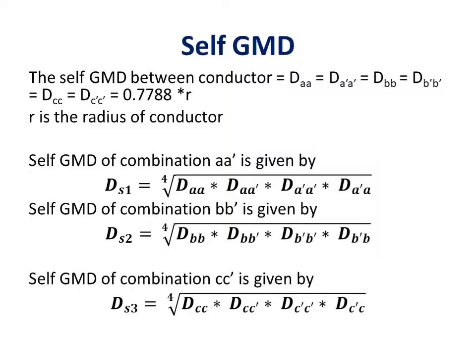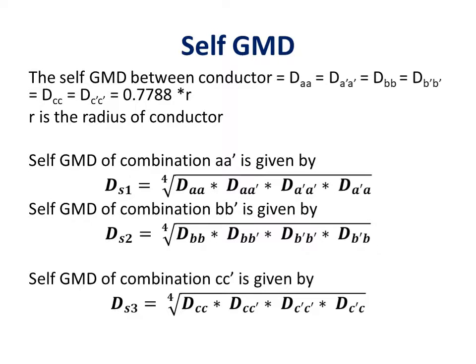Similarly, the self GMD of the combination B and B dash is given by DBB on one side and DB dash B dash on the other side. The horizontal distance from B to B dash and B dash to B will be the same. Similarly for C, it is given by DS3. Since 4 terms are there, we take the fourth root; if 3 terms are there, then the cube root.